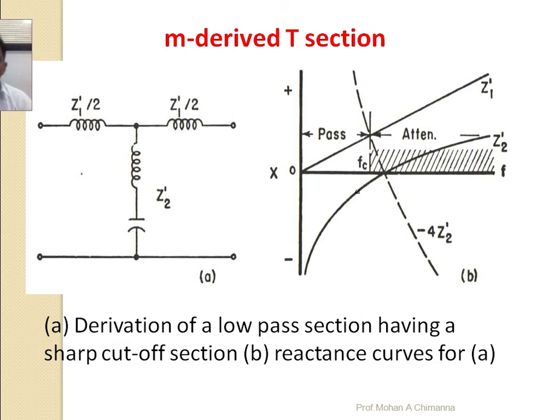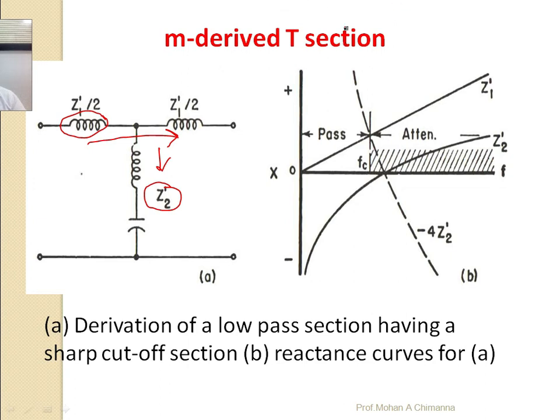In the M derived T section, Z1 by 2 and Z1 by 2 are basically the series arm impedances, and whatever component is in the series arm is connected in series with the shunt arm impedance component. In this fashion we call it the M derived T section. So the derivation of the low pass section having the sharp cutoff, or the reactance curves, should be given.